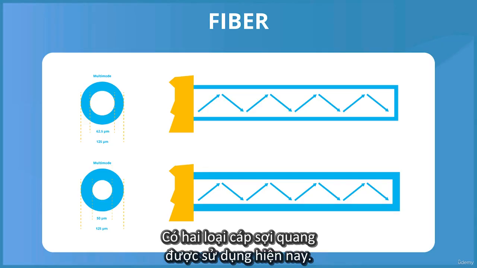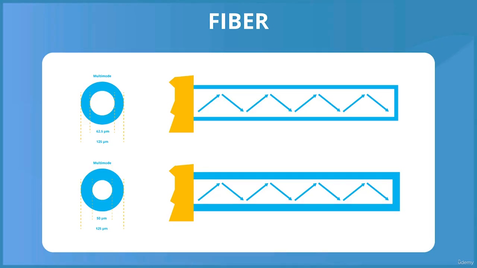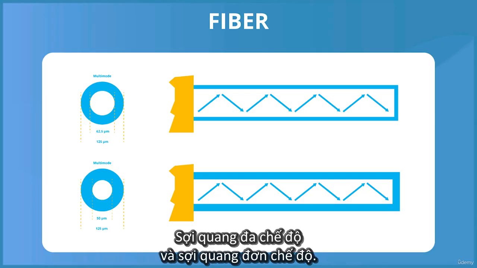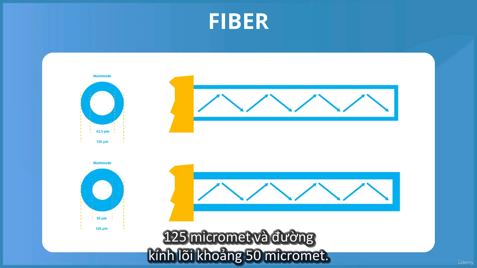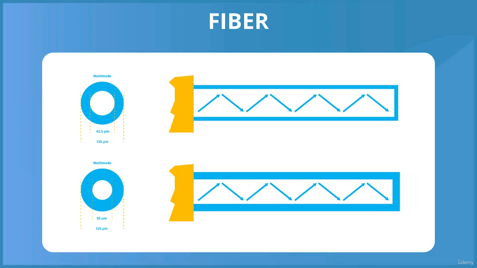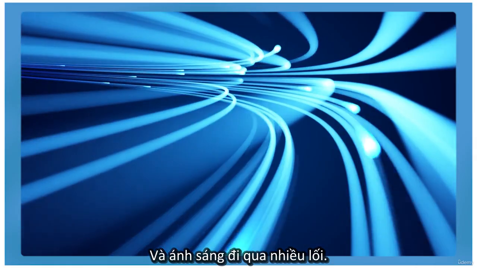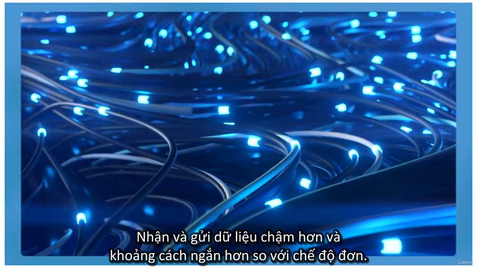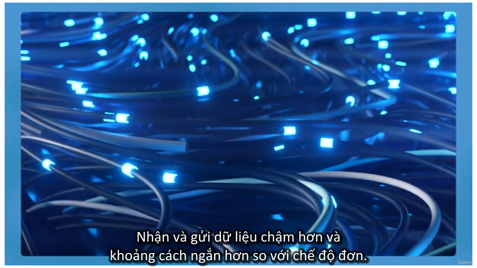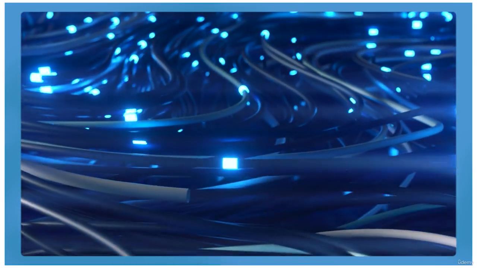There are two types of fiber optic cables used today: multi-mode and single-mode. Multi-mode fiber optic cables have an outer diameter of 125 micrometers and a core diameter of around 50 micrometers. And the traveling light travels through multiple paths. Receiving and sending data is slower and shorter distance than single-mode fiber optic cable.